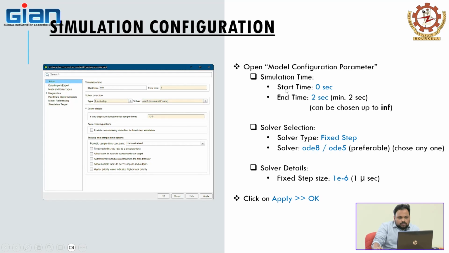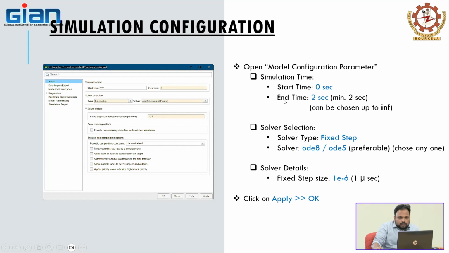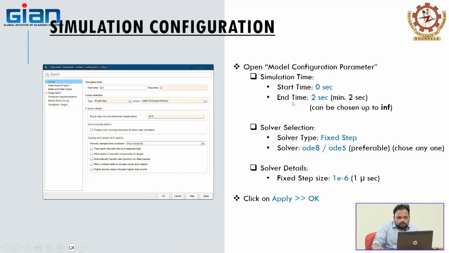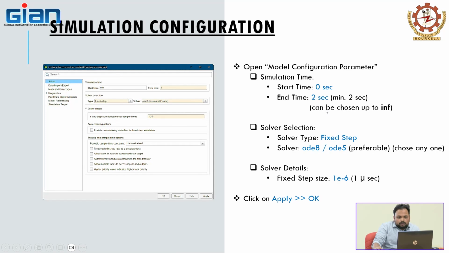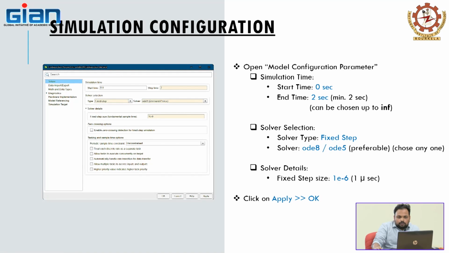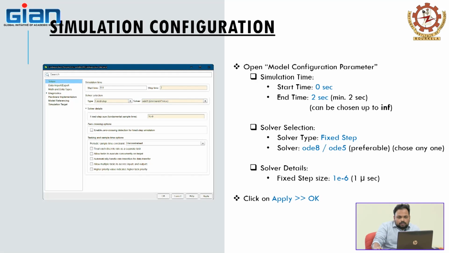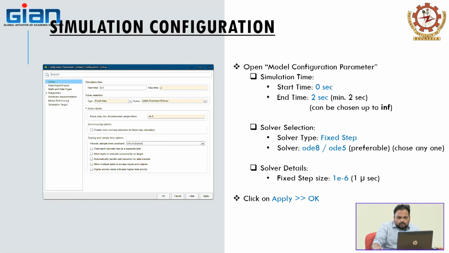For the simulation time, it should start from 0, and we can choose as much time as we want. If it is a hardware real time simulation, then it can be up to infinite. But for this simulation, due to lack of time, we are choosing only 2 seconds of simulation time.